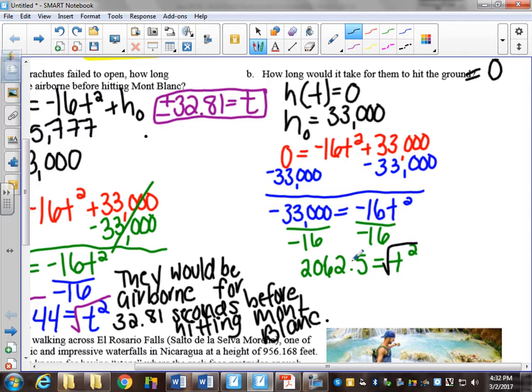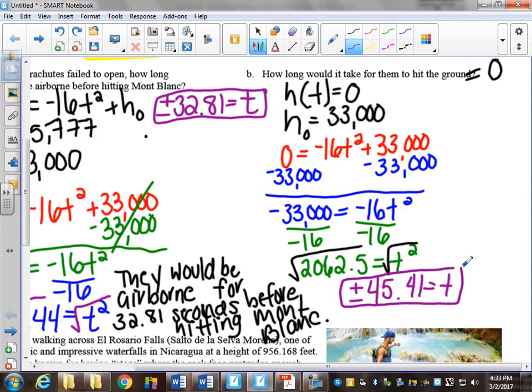We have to take the square root of both sides, and we're left with t equals plus or minus 45.41.